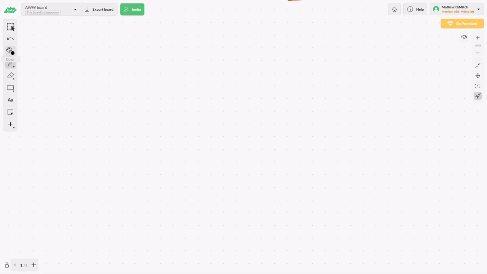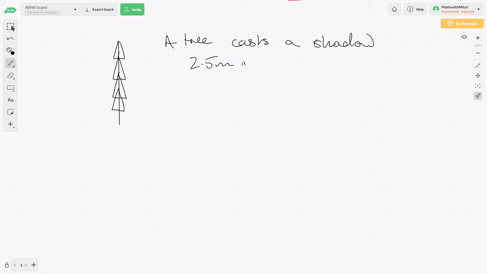So this time you might be presented with someone saying there's a tree. So let's draw ourselves a nice tree here. A nice tall tree in a forest, and the question may say a tree casts a shadow 2.5 meters in length.